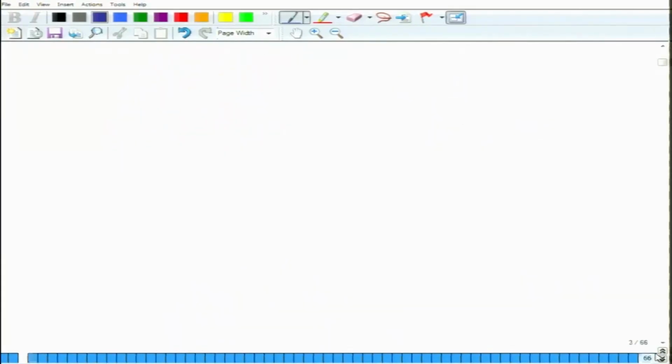So again for a cubic system, UVW means family of directions, right.